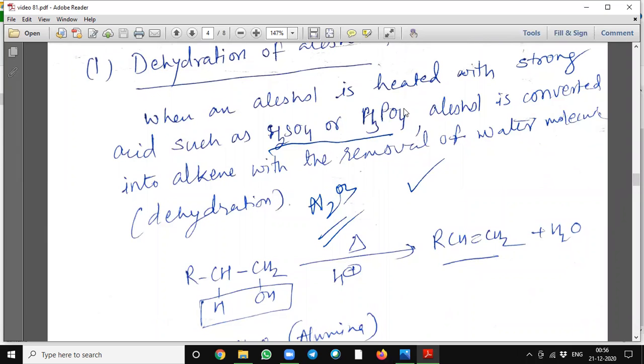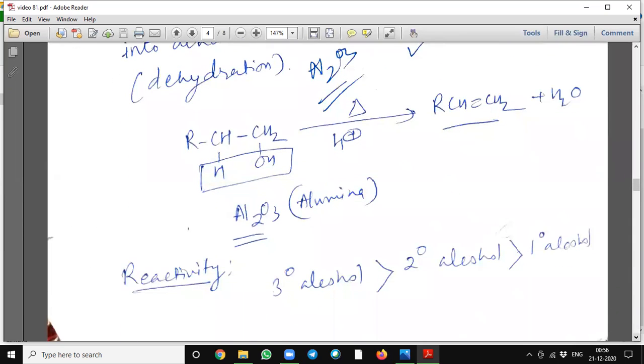When an alcohol is heated with strong acids such as sulfuric acid or phosphoric acid, alcohol is converted into alkene with the removal of a water molecule. That is why it is also known as dehydration. It can be carried out in presence of alumina, sulfuric acid, phosphoric acid. So dehydration in presence of alumina or strong H+ ions will give you alkene.